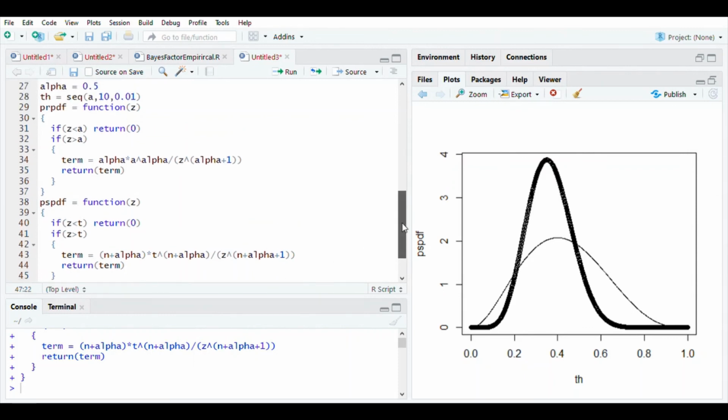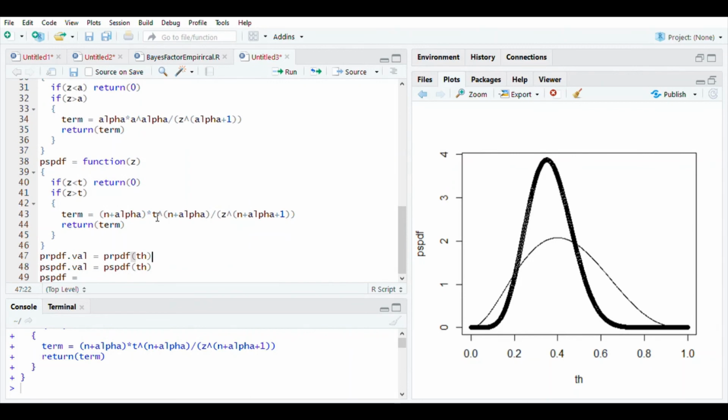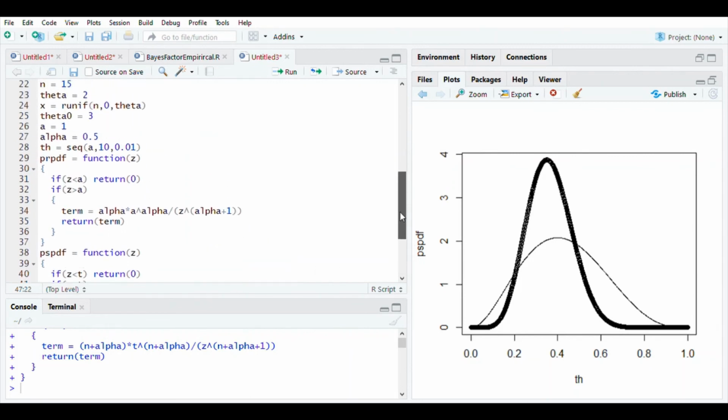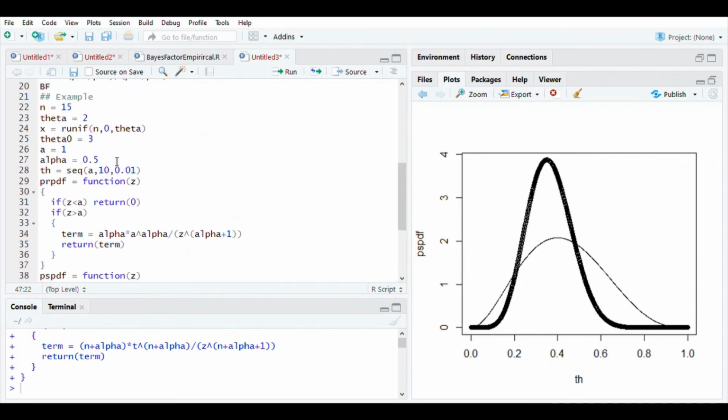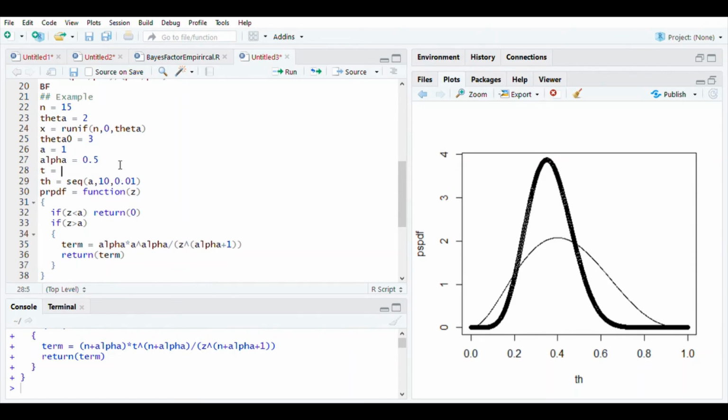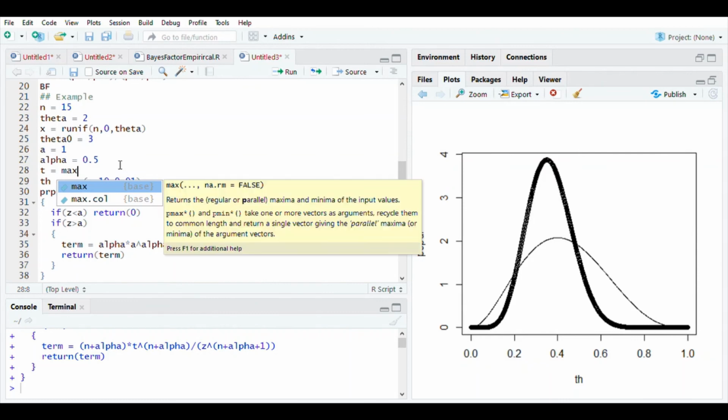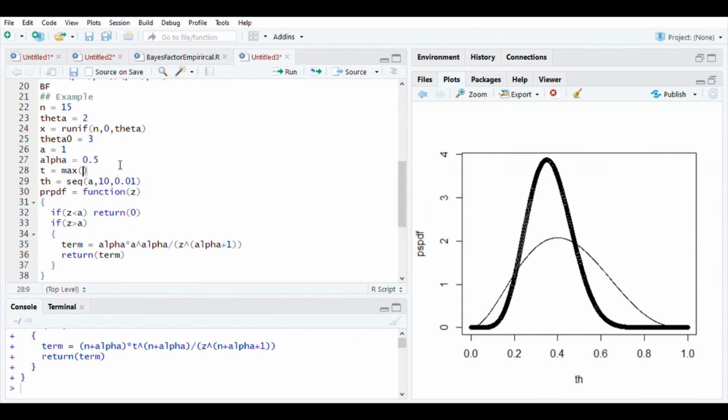And we should not forget to calculate this t first. If you remember, this t is the maximum of x and a. So we should not forget to calculate this t.